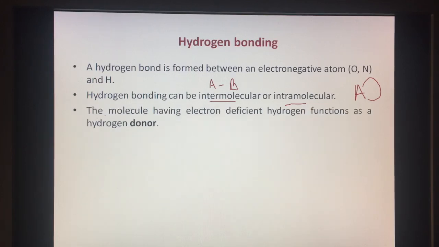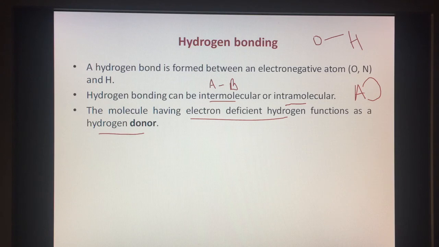Now the molecule that has an electron deficient hydrogen, meaning the hydrogen that is attached to an electronegative atom and hence is electron deficient, functions as a hydrogen donor, like oxygen attached to this hydrogen, the OH group.